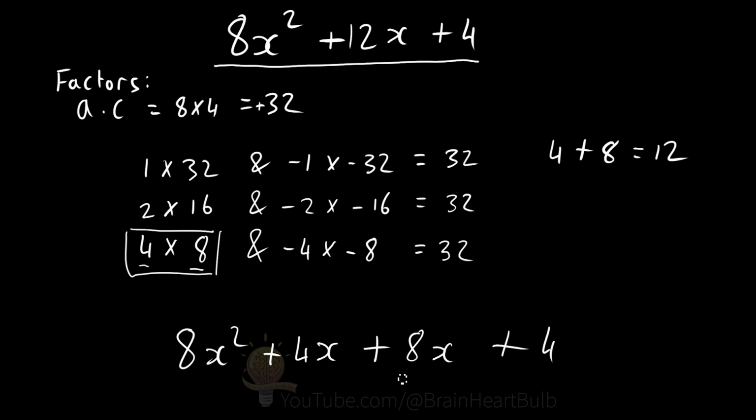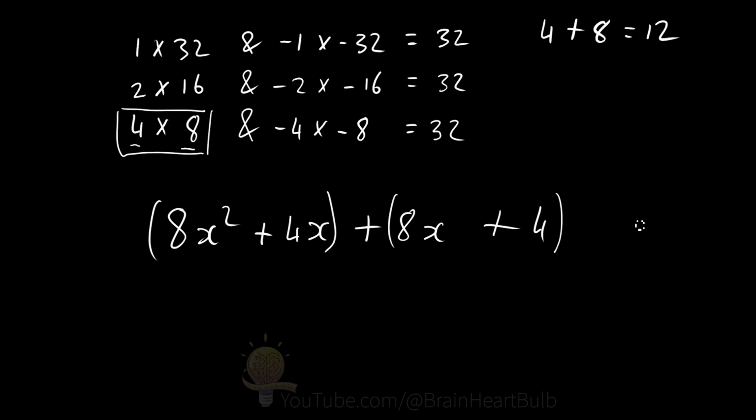So if we separate our quadratic now into two parts, by putting brackets around the first two terms and the last two terms, we can find the highest common factor out of these terms in the brackets here to simplify our quadratic. So first, I'm going to look at the highest common factor between 8 and 4.